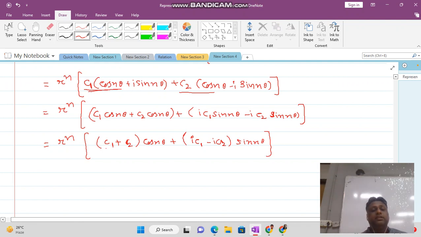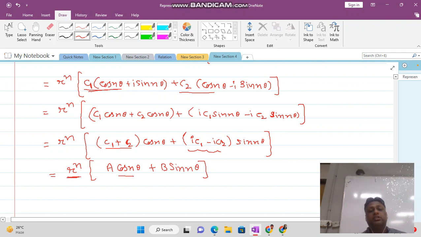Now as c1 and c2 are constants, the sum of two constants is again a constant, so we can write a cos n theta, and here we can write b sin n theta. So this is how we write the solution: r raised to the power n into a cos n theta plus b sin n theta, where I have already told you that r is the square root of x square plus y square.